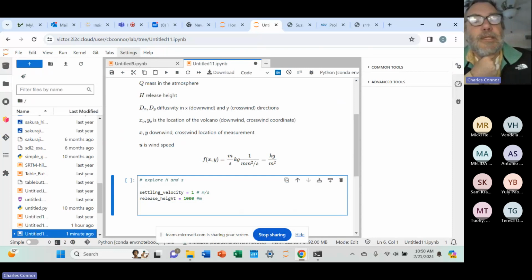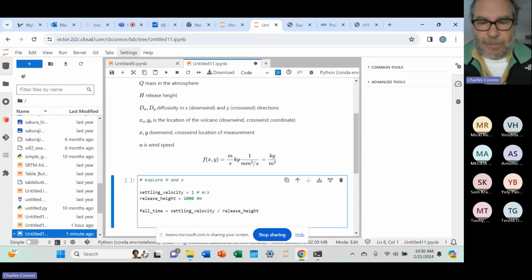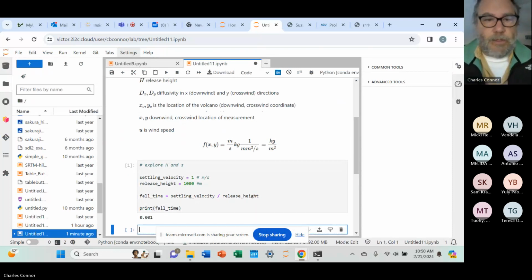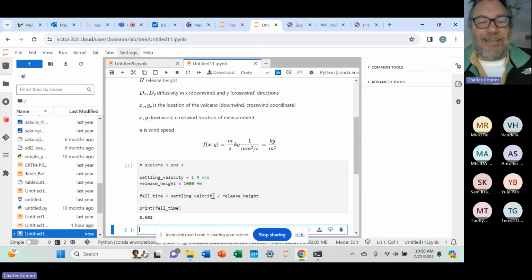Then the fall time for the particle from its release height of 1,000 meters falling at 1 meter per second, the settling velocity, is the release height divided by the settling velocity. Sorry, I did that wrong at first.